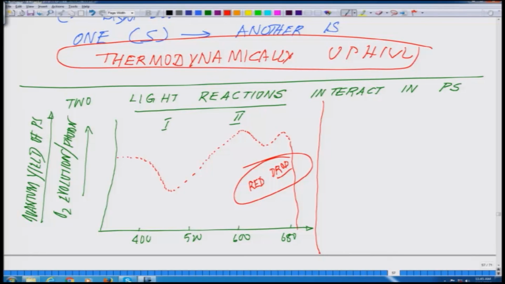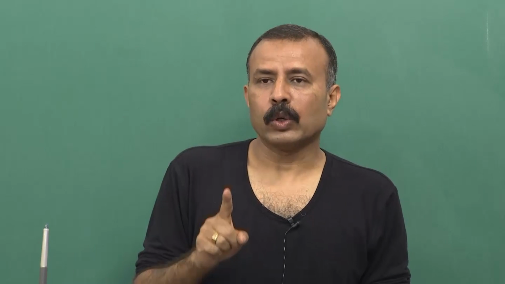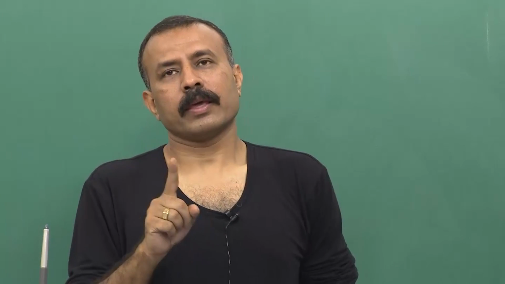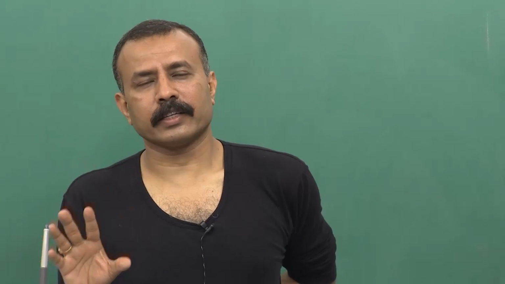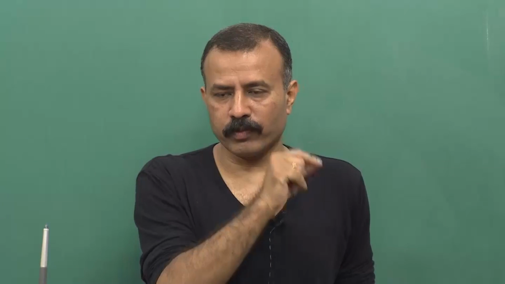It says that photosynthesis requires interaction of two light reactions, as we have already mentioned, photosystem 1 and photosystem 2. Both of them can be driven by light of wavelength less than 680 nanometer, but only one of them by light of longer wavelength. Interestingly, the one driven by longer wavelength light is the one involved in driving the dark reaction, which is photosystem 1. So, in the next slide, why you see this red drop will be very clear to you.